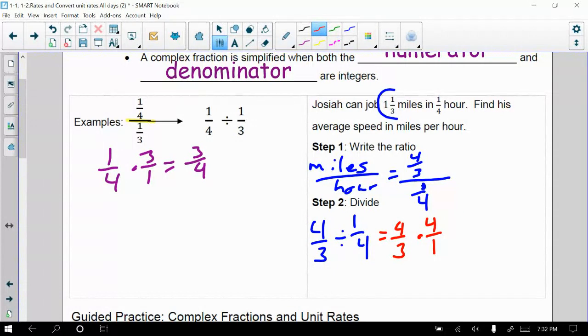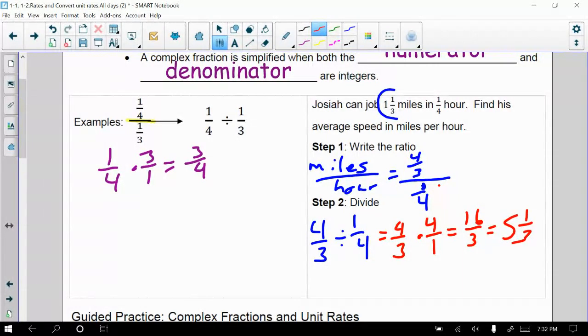Okay, because remember, we're multiplying now by the reciprocal. So then I look, I can't cross cancel anything. 1 and 3 are prime numbers, and if they cannot go into the numbers that are across from it diagonally, then there is no cross canceling to be done. So I get 16/3, which really is 5 1/3.